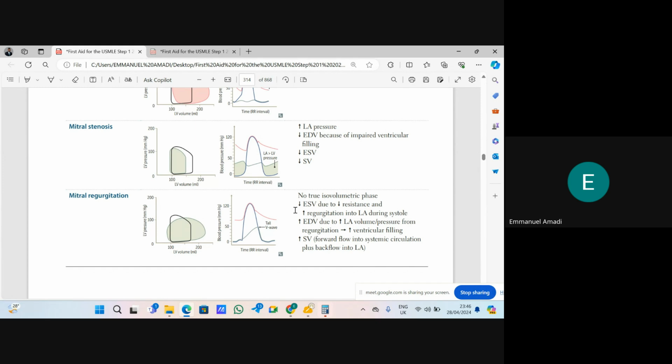It is not looking at whether that blood is going forward or backward. So if I have a stroke volume of, let me say, 600 mils, it is possible that only 300 is going to the aorta. The other 300 is going back to the atrium.